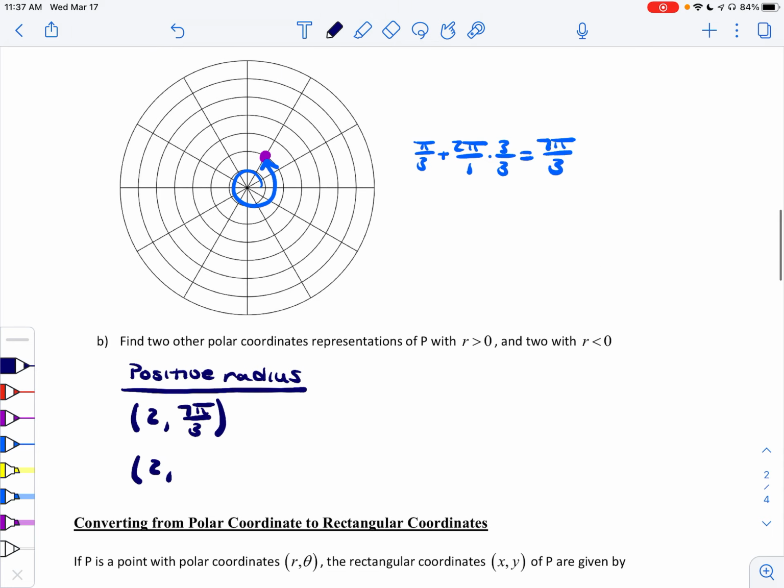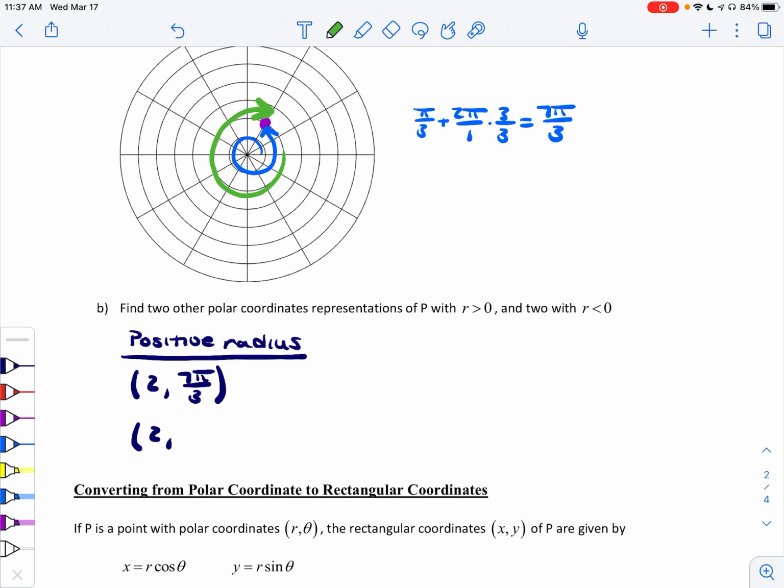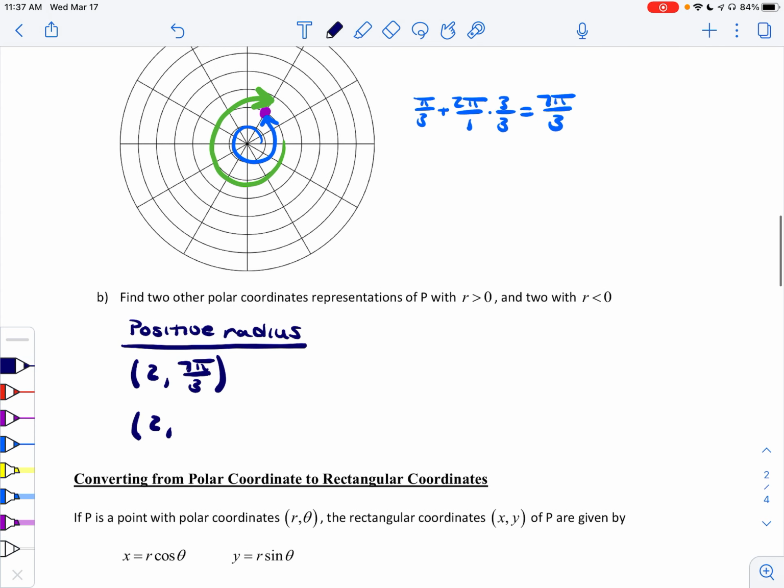Okay, well, another way that we could get to that same point, if we're just thinking of trying to get a coterminal angle, would be to rotate around in the opposite direction. So we could think of it as a negative angle instead. If we think about rotating around backwards, that same coterminal angle written as a negative would be negative 5 pi over 3.